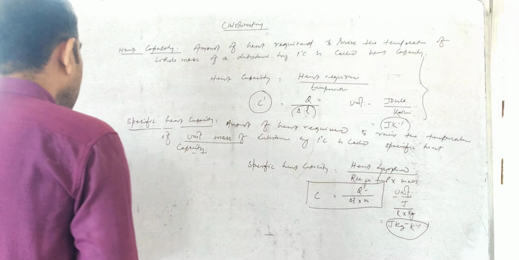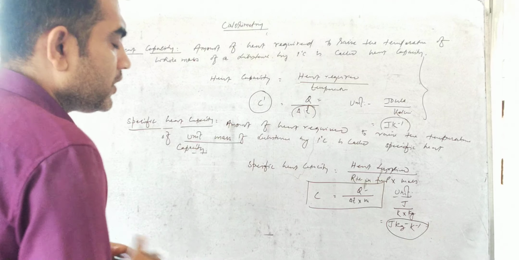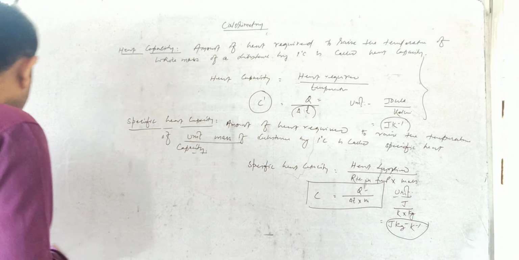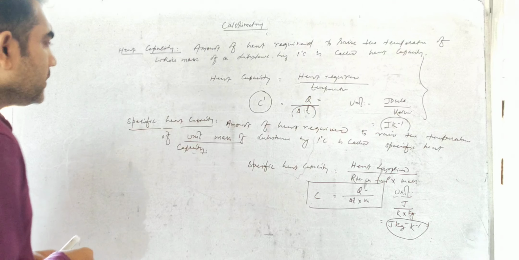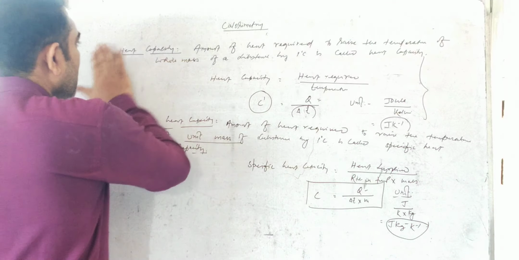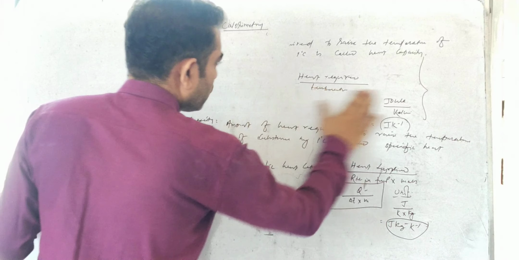Now heat capacity and specific heat capacity we understood. Next we are going to find the relation between the heat capacity and specific heat capacity, and how they are related to each other. Before doing that, we are doing one more thing.